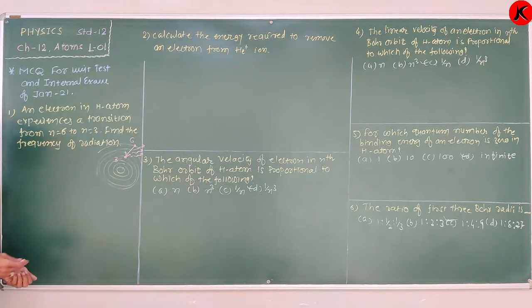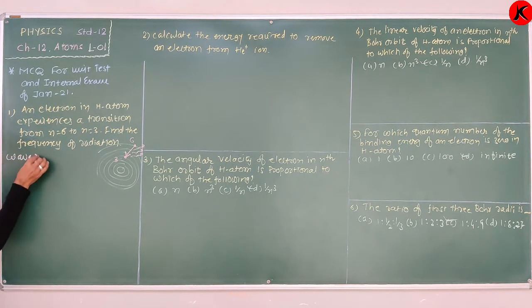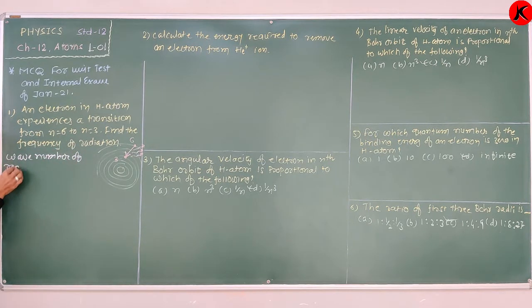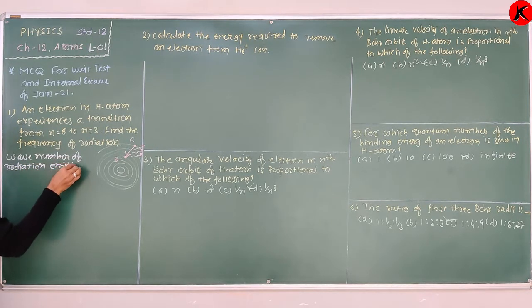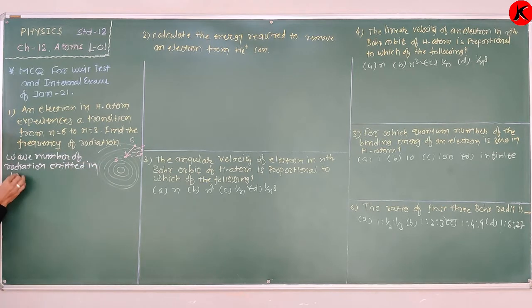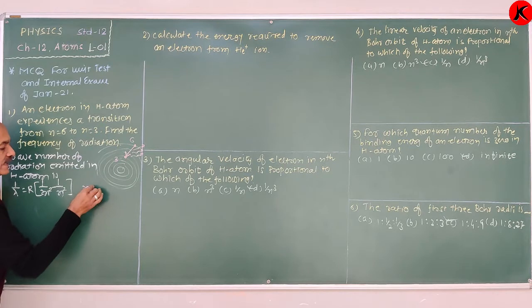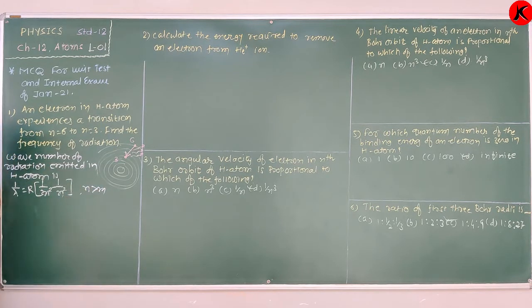So the wave number of radiation emitted in a hydrogen atom is 1 upon lambda equal to R into 1 upon m square minus 1 upon n square. Now keep in mind that here n is greater than m.